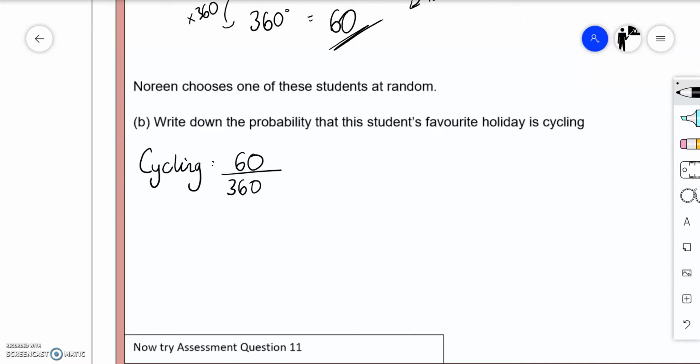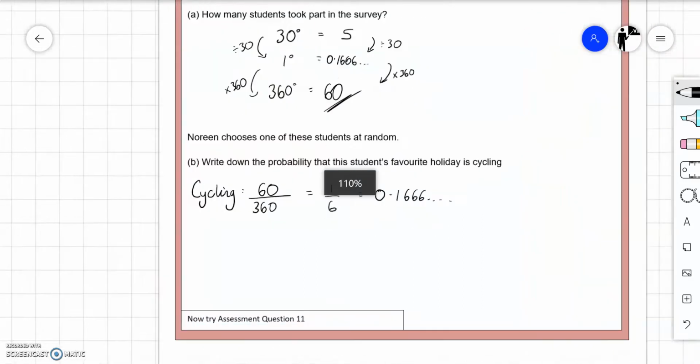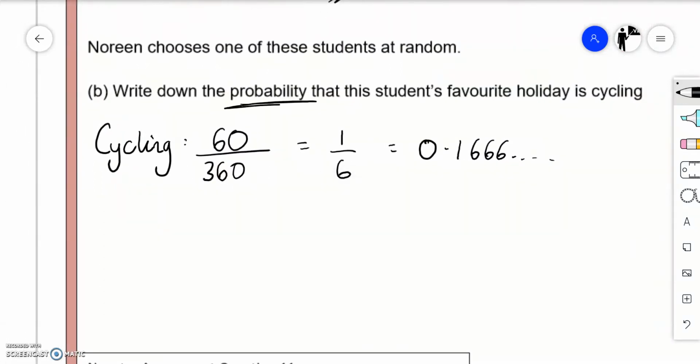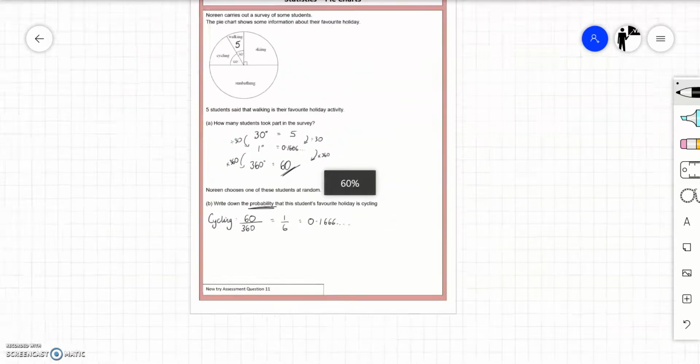And if we simplify that, that's going to be 1/6, which as a probability is just going to be 0.1666. If we wanted to, we could work out how many people that is, but the question just asked, what is the probability? And the probability is going to be a number that is in between 0 and 1.